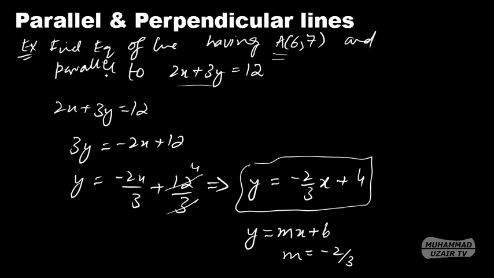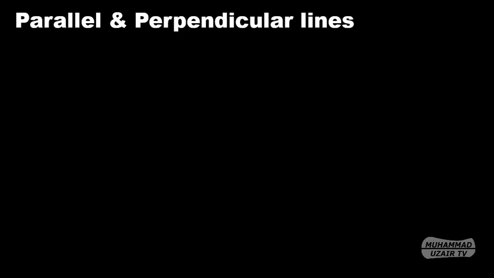As these are parallel lines, the slope will be the same. So we have slope m is equal to minus 2 divided by 3 and the point (6, 7). So we can easily find the equation of the line from this.